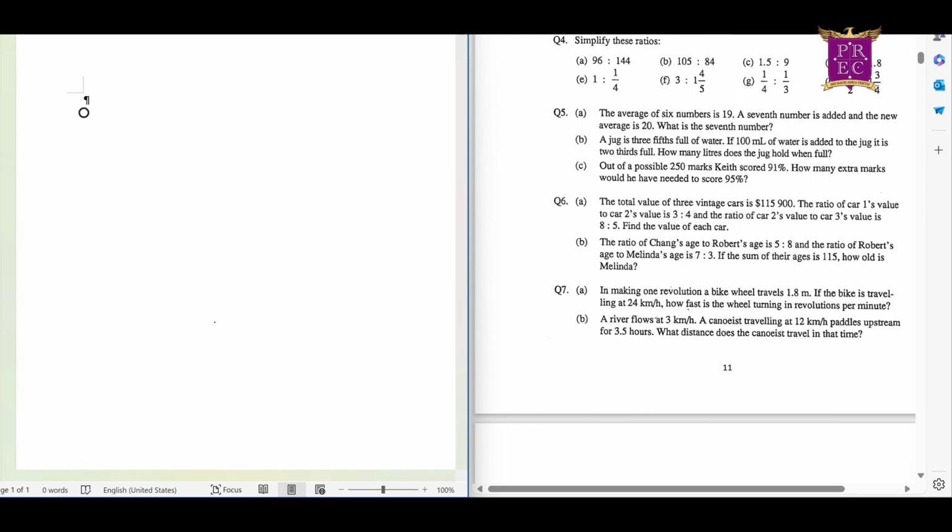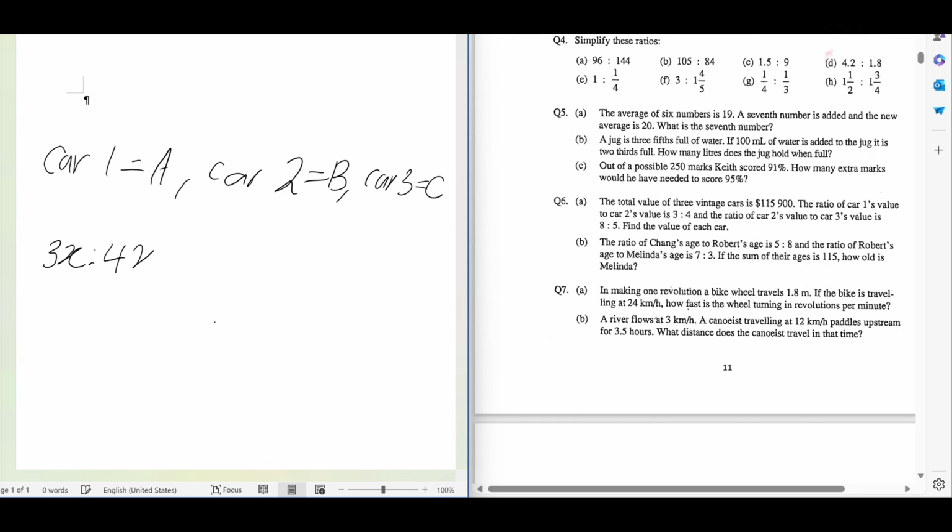It's not too bad. What we do is, we know that the ratio of car 1, let's call it A. Car 1 is A, car 2 is B, and car 3 is C. Okay, so car 1 to car 2 is 3 to 4, so 3x to 4x, because a ratio is essentially a part, right?